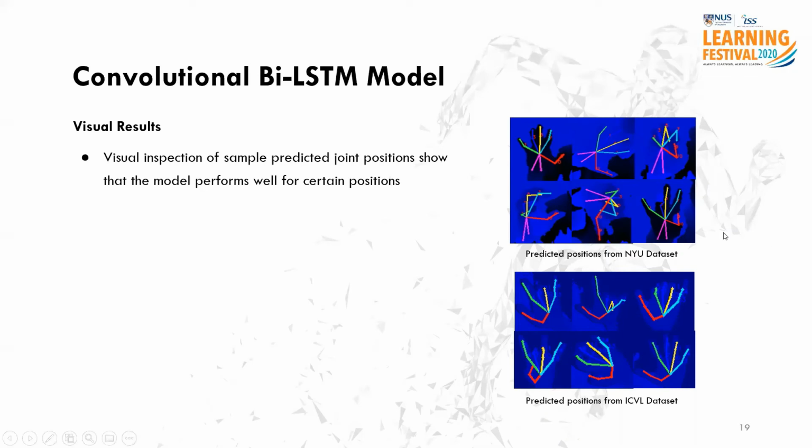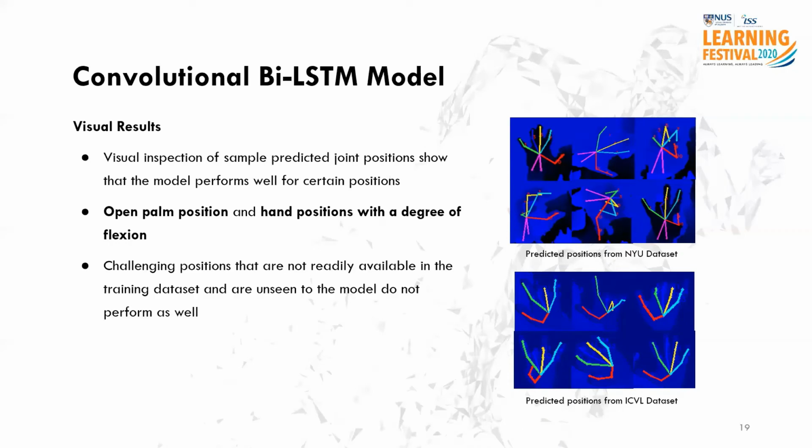It shows that the model performs well for certain positions. For example, the open palm and some hand positions with a certain degree of flexing perform well. But in other challenging positions, such as this one, it did not perform as well.